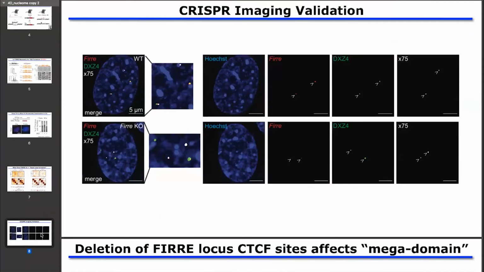We looked at this on slide 8 by CRISPR live cell imaging. This is just basic MS2, PP7 modifications of guides, followed by conjugated fluorescent proteins. What we can see here is that in the cells we do see FIRE, DXZ4, and X75 co-localized, and we see somewhat of an increase of that in the knockout.